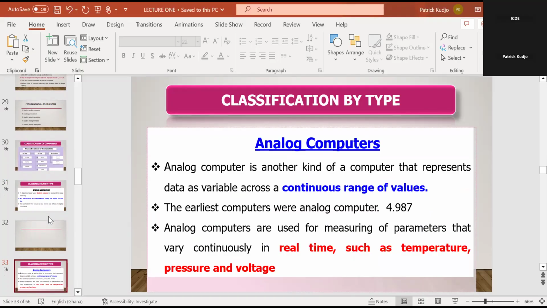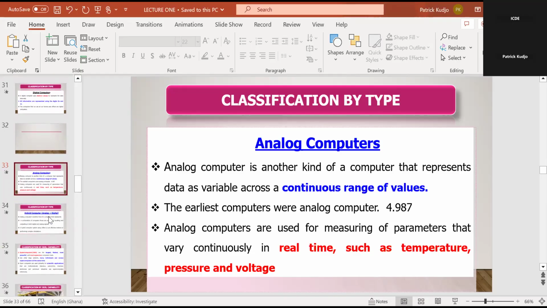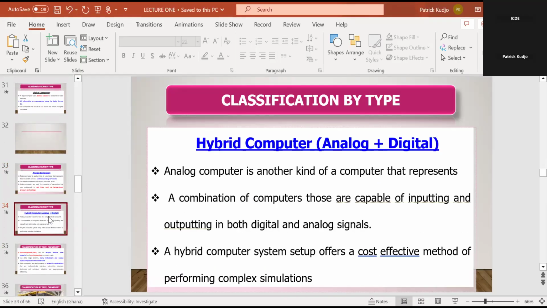So the main distinction between the analog and digital one is that the analog uses continuous range of values. This one uses discrete or distinct values. Please get it clear. The hybrid would combine the features of the two that we looked at.